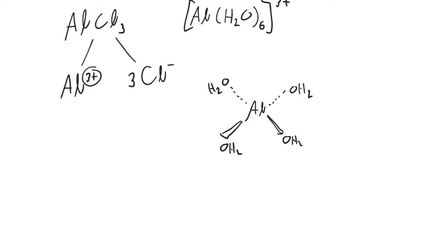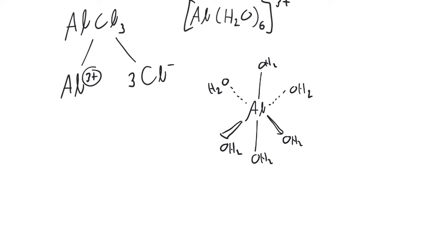But so far I've only shown 4 of the water molecules, and then in the plane of the screen up and down I'm going to have another water molecule going up, H2O, and H2O going down as well. So that's my octahedral arrangement of this complex ion. But I'm showing you this 3-dimensional arrangement just to get to the next point.